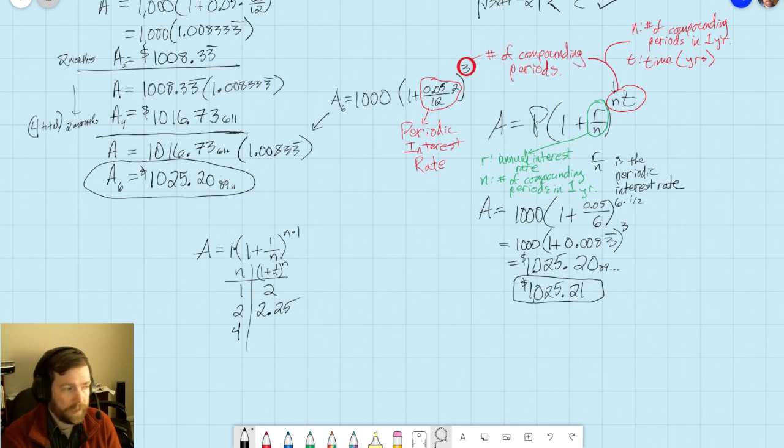All right, if you do it quarterly, so 4 times in a year. So 1, 2, 4. So if we do this quarterly, we're going to end up with, again, same thing. It's going to drop the periodic interest rate to 1/4 of 100%, so 25% per quarter.